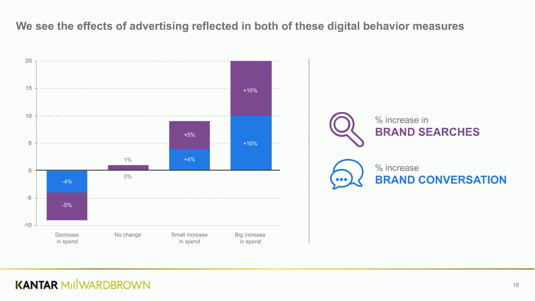So we know that at least the first part of our original equation was true, that these digital indicators are impacted by the volume of your advertising. And the question becomes, are they influenced in the same way by the quality of your advertising? And therefore, can we use them to derive a measure of quality that will tell us how well a campaign is doing?